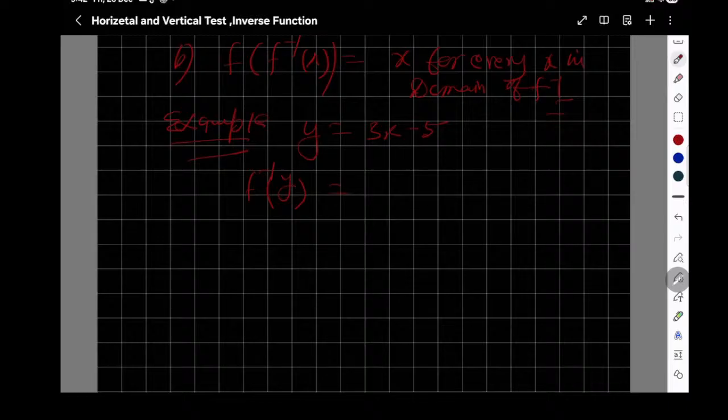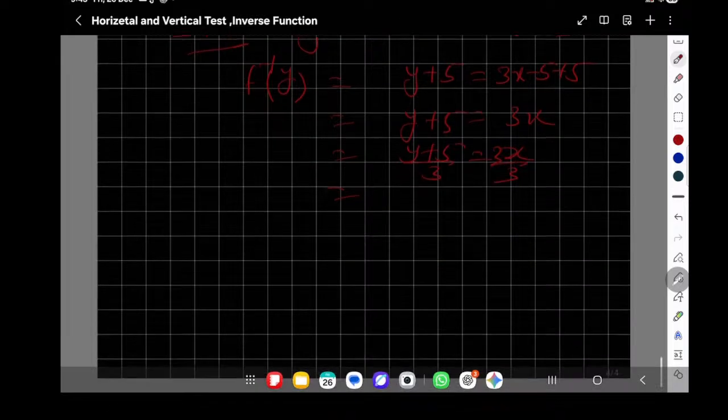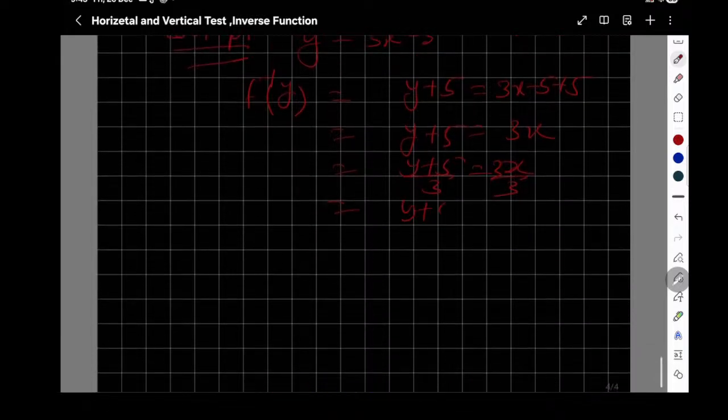First, adding 5 to both sides: y plus 5 equals 3x minus 5 plus 5. So y plus 5 equals 3x, and dividing both sides by 3, we get y plus 5 over 3 equals x.